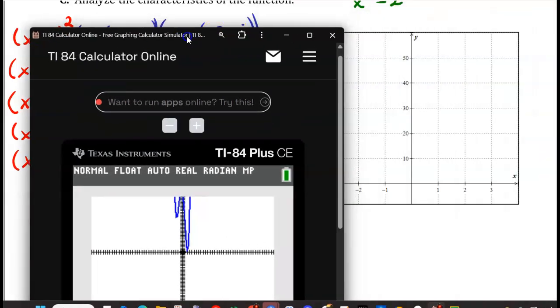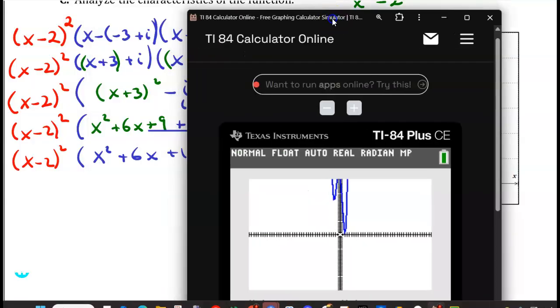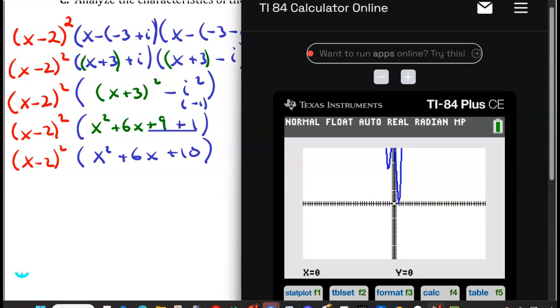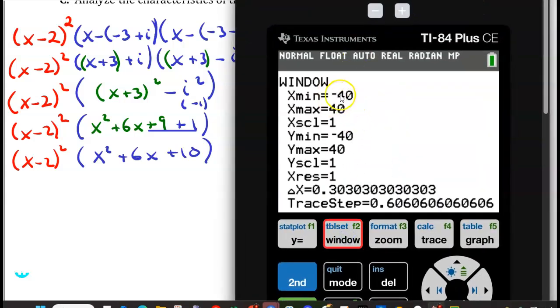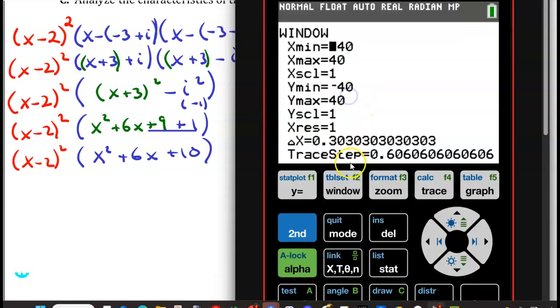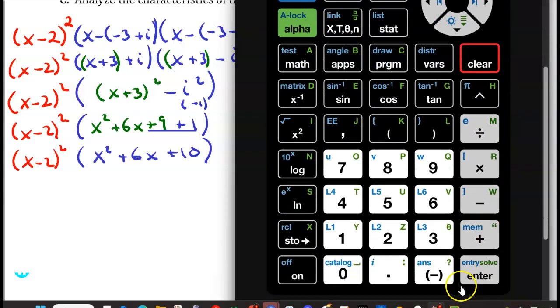And we have a little hint here. It kind of gives us some numbers to look at, for -4 and 3 on the x-axis, and up to 50 on the y-axis. So I'm going to cheat and just use those numbers. Okay, so I'm going to go over here to Window, and I'm just going to change it to those numbers. So instead of -40, let's go -4. Let's clear that. I'm going to put that as -4.